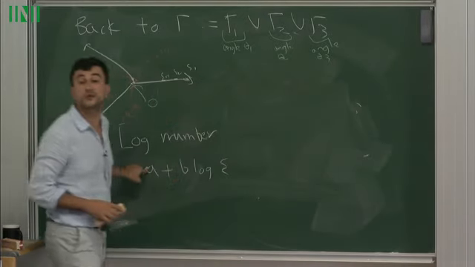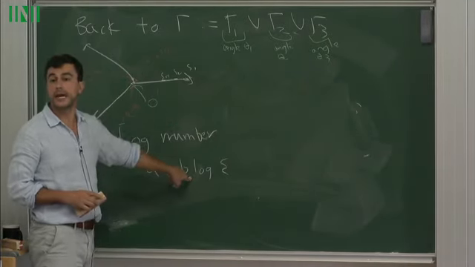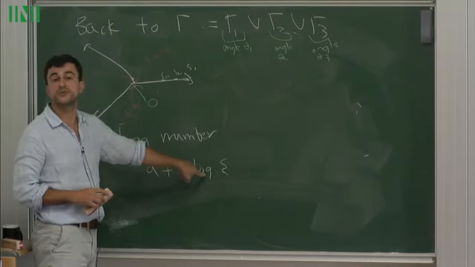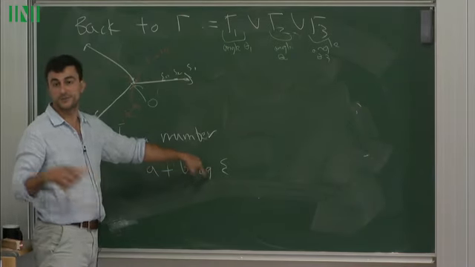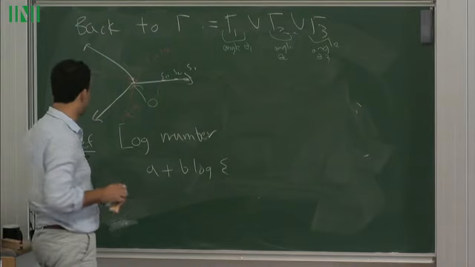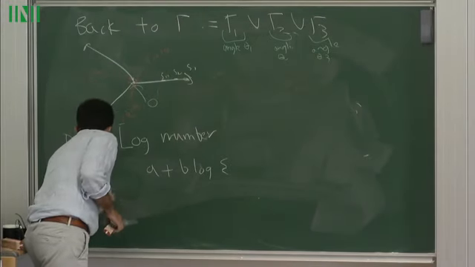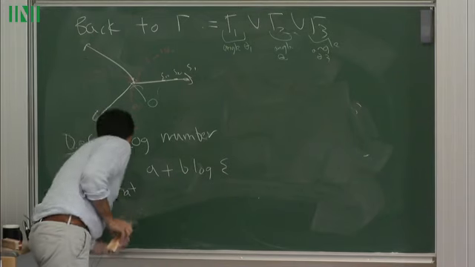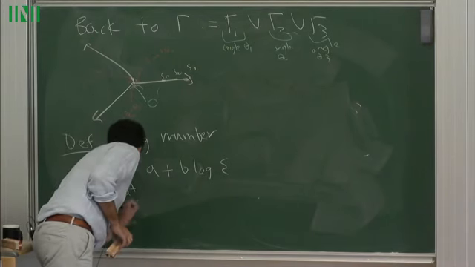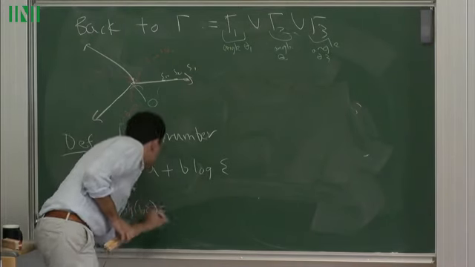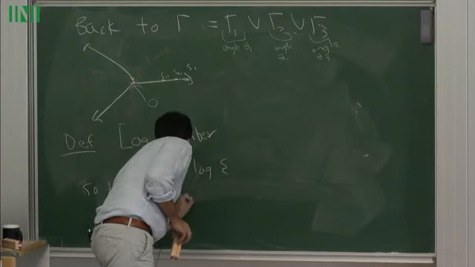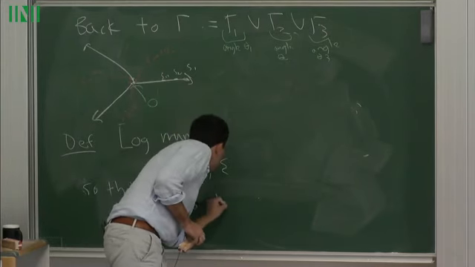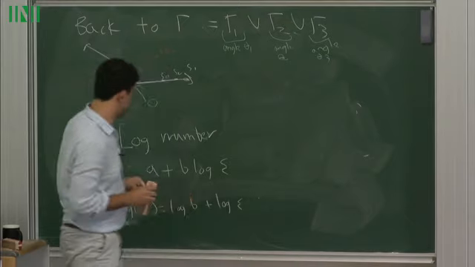This is just a formal notation where we capture the fact that there's a constant term plus b times log of something infinitesimally small. And then log of b epsilon is, of course, just log b plus log epsilon.